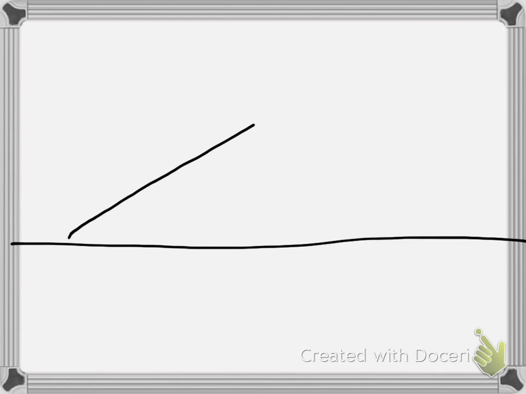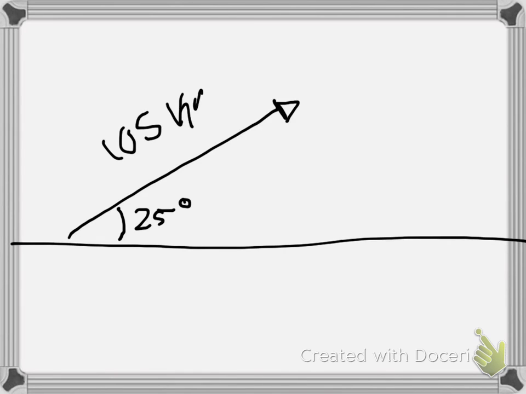Okay, so we have the ground here, and we know that the angle that the airplane is flying at is 25 degrees, and we know that they are flying at a speed of 105 kilometers per hour. The way to solve this problem is to use sine or cosine to break this down into its components.